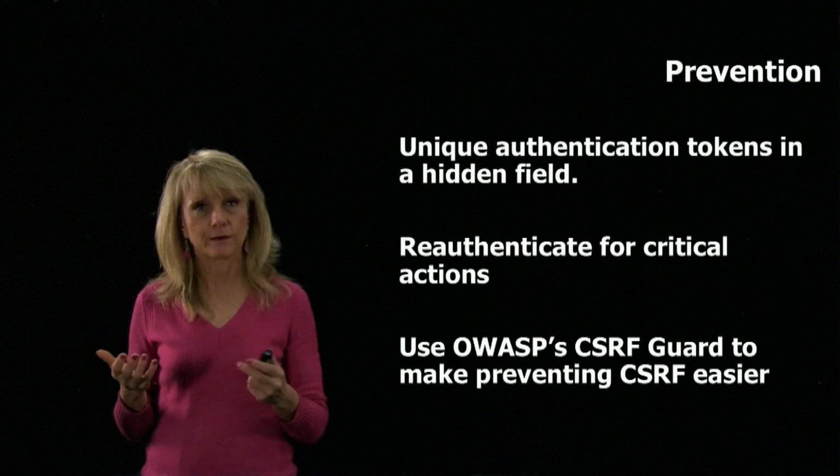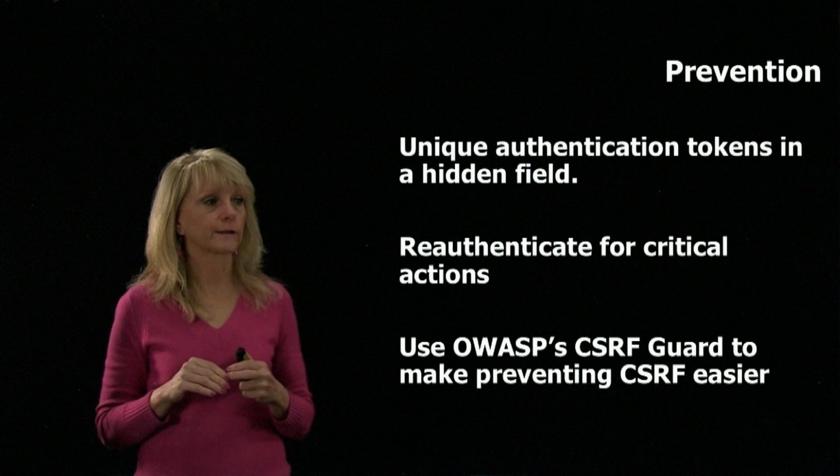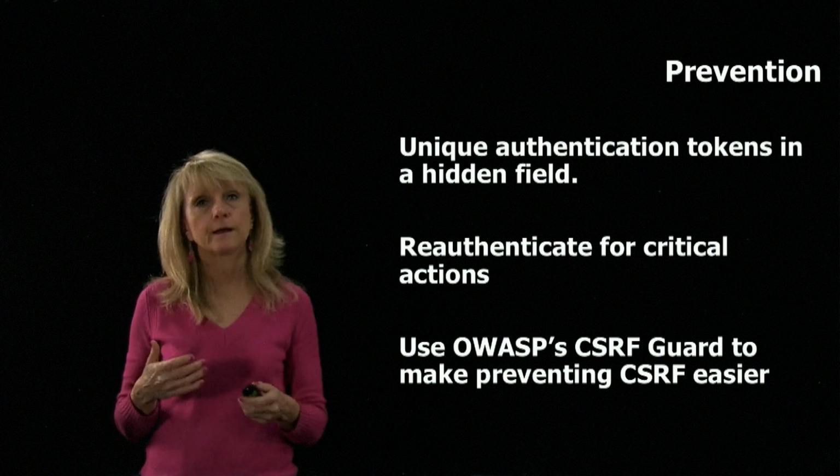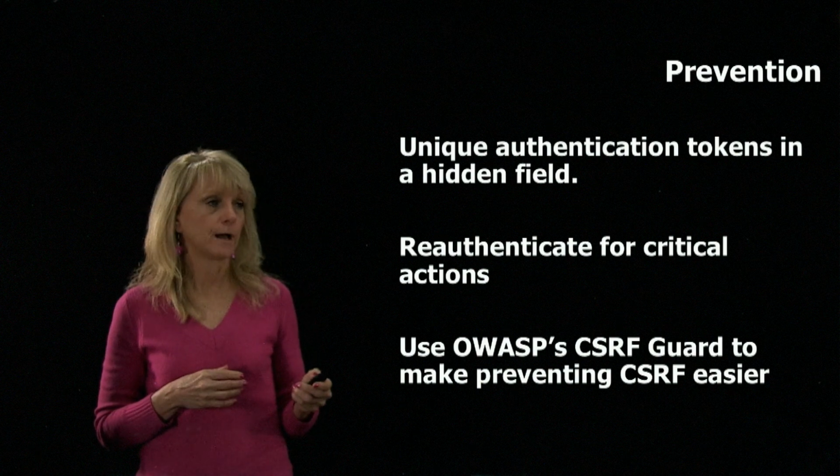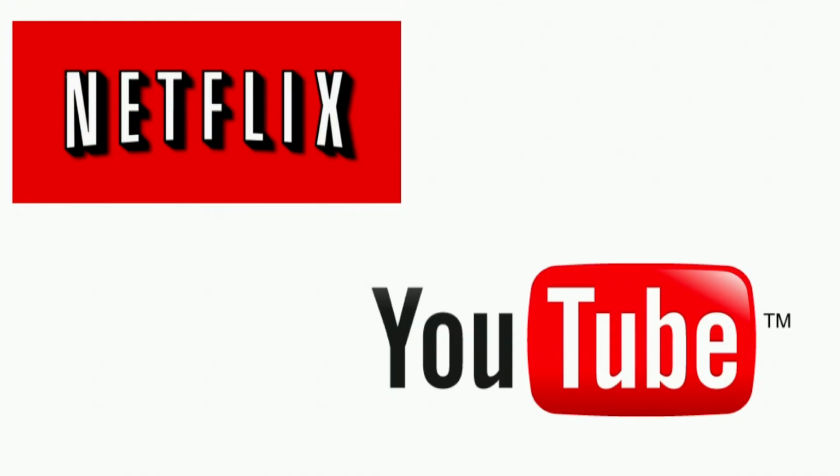I would also advise you to look at the OWASP cross-site request forgery guard to prevent it in many ways. Some examples of actual attacks, and both of these have been closed up, but there were times back in 2006, 2008, where both Netflix and YouTube fell prey to this. Why is that?